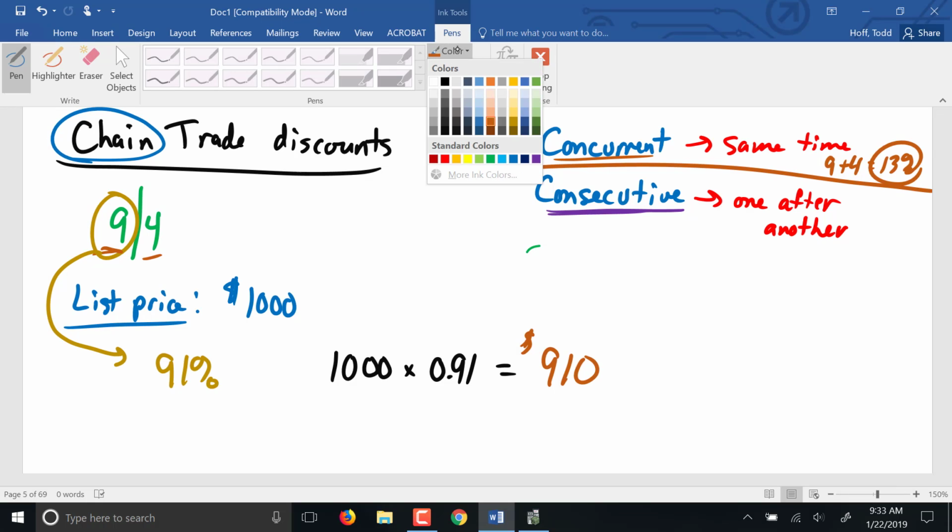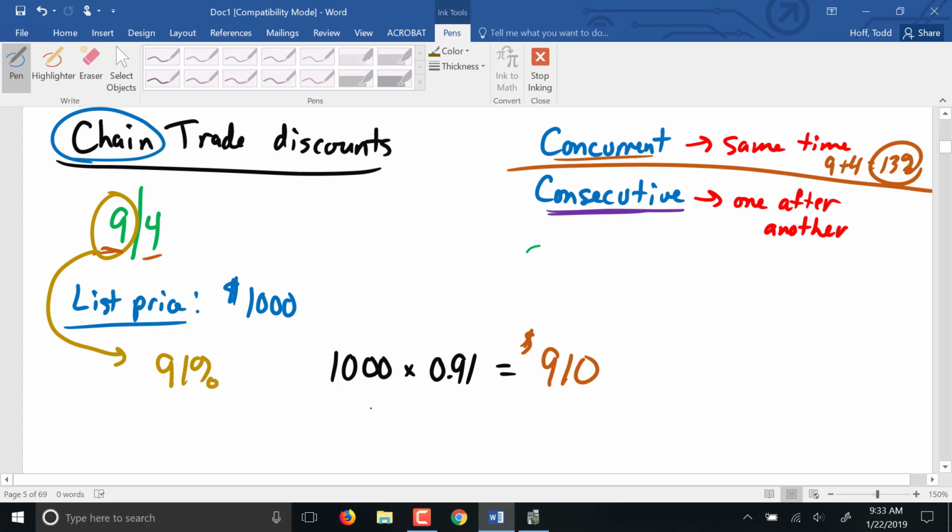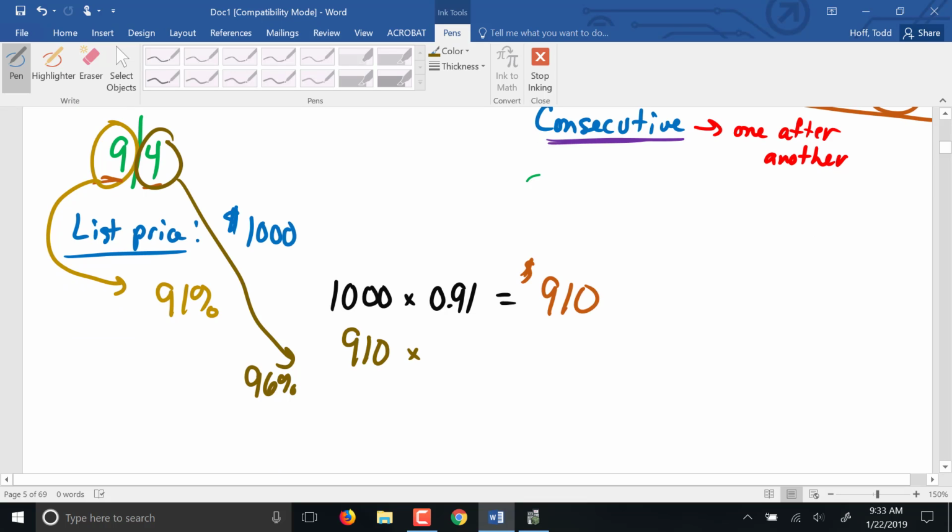However, that still has to go through the 4% discount. So we take our $910, and the 4% discount would leave us with a 96% net price. Remember, 100 minus 4 is 96.